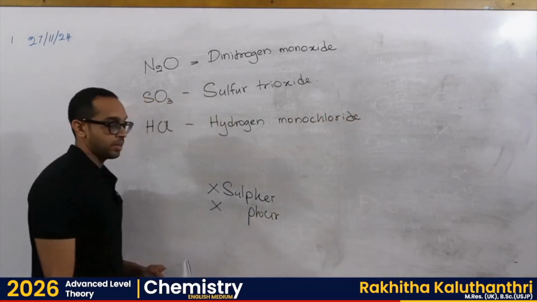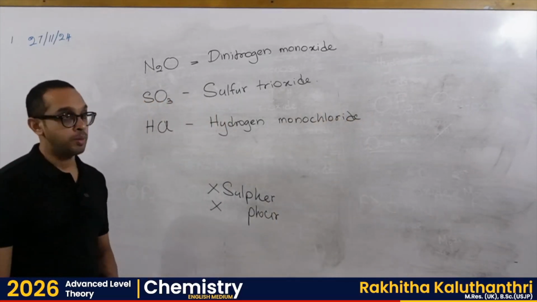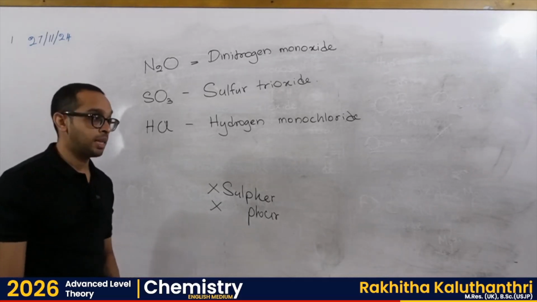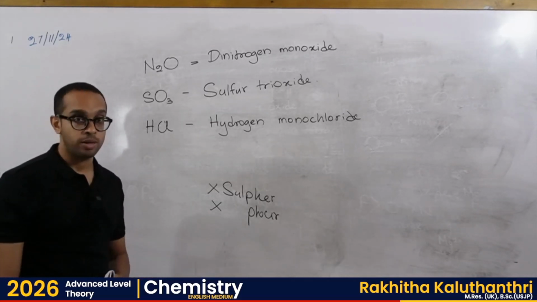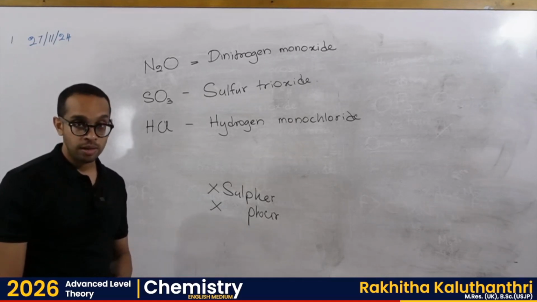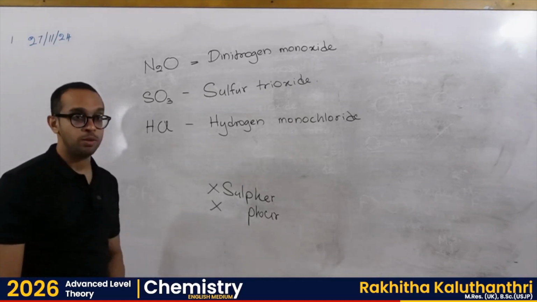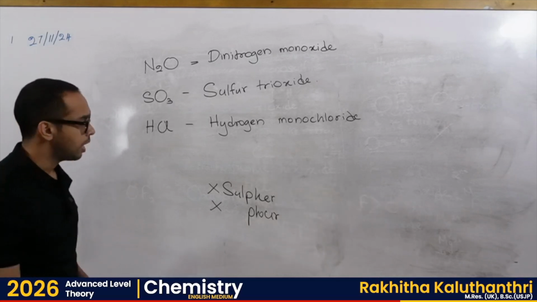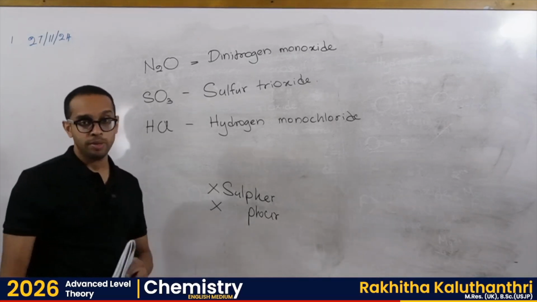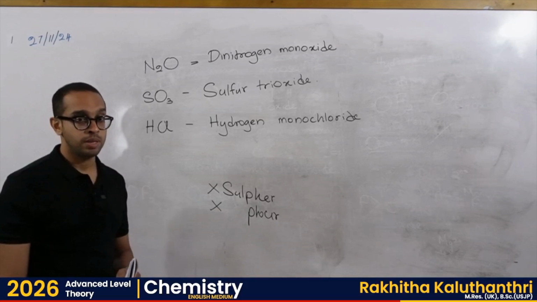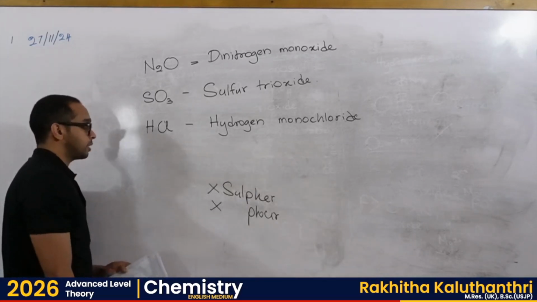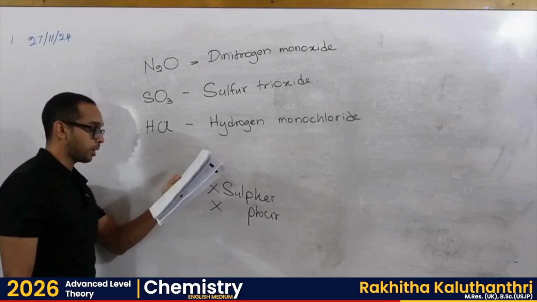The common name that we sometimes use is hydrogen chloride. When it is acting as an acid in water, we call it hydrochloric, but that is in water. As a normal molecule of HCl, we call it hydrogen monochloride. Hydrogen chloride is like the common name. I told you trivial names and common names are there. So the correct IUPAC name is hydrogen monochloride.